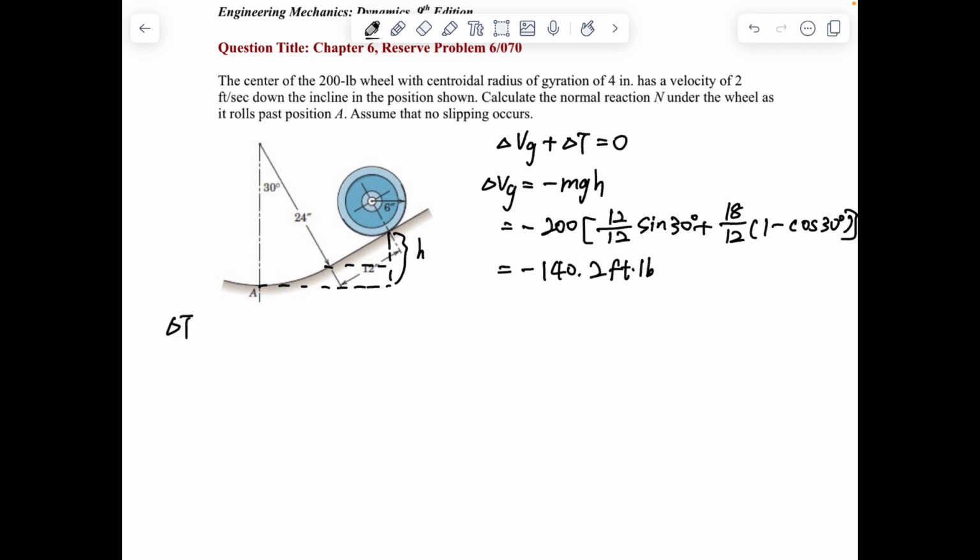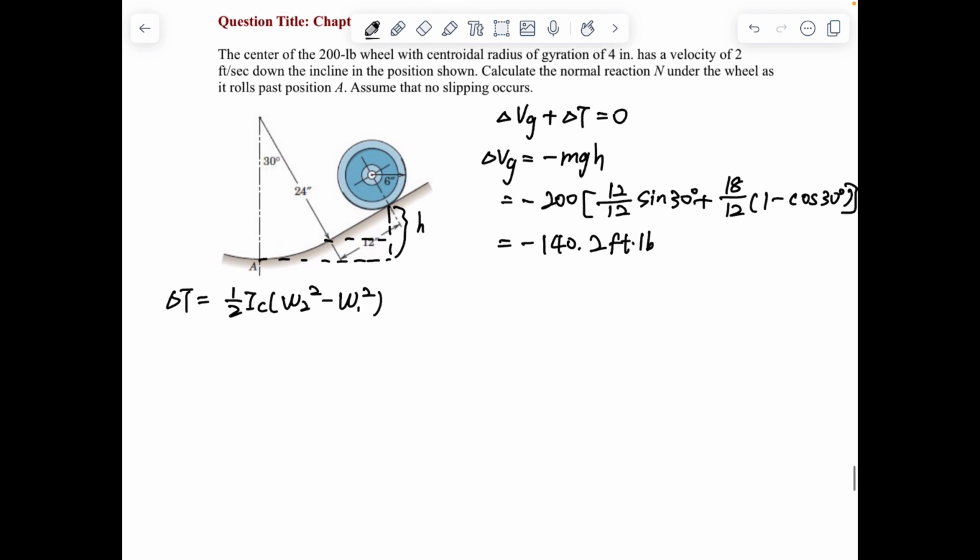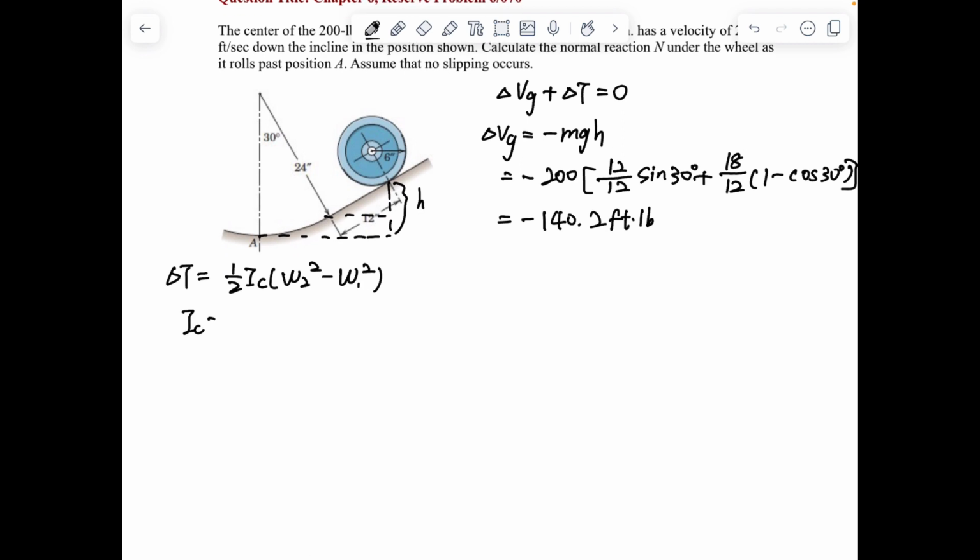Delta T is equal to 1 over 2 IC times (omega 2 squared minus omega 1 squared). IC is equal to 200 over 32.2 times (4 over 12 squared plus 6 over 12 squared).